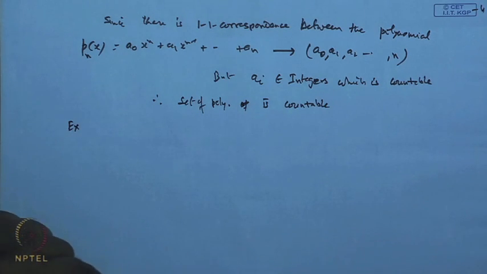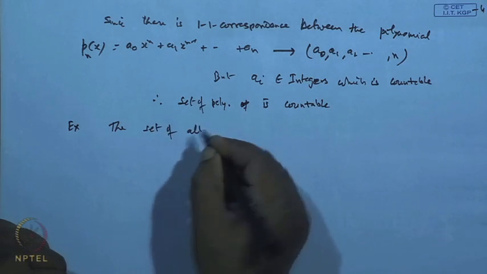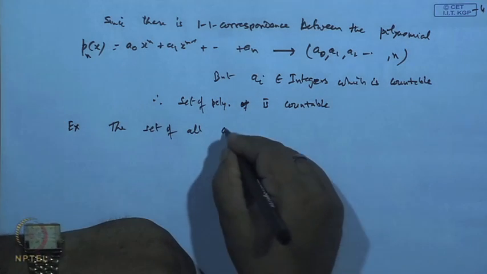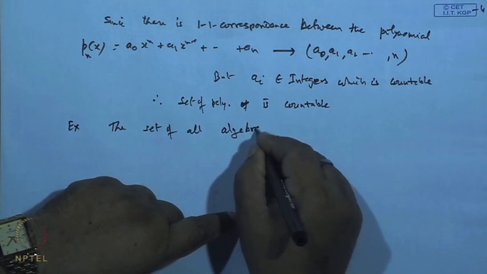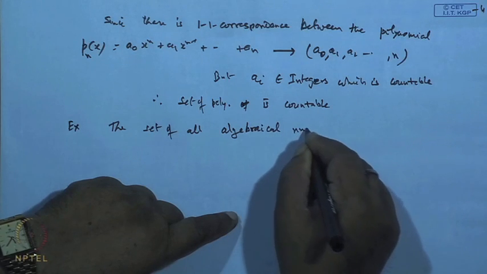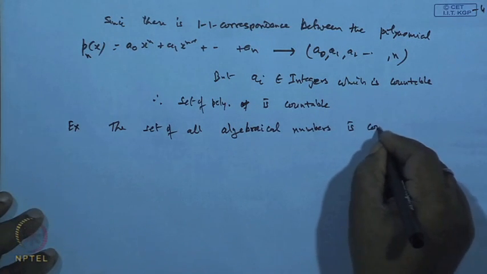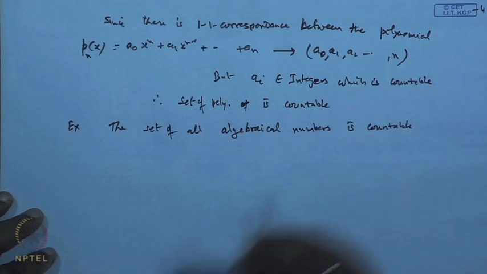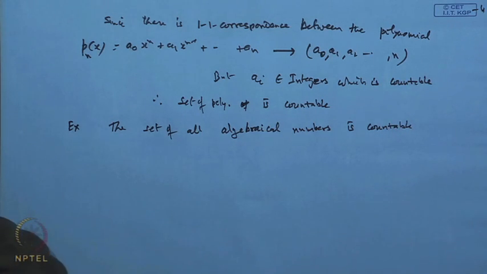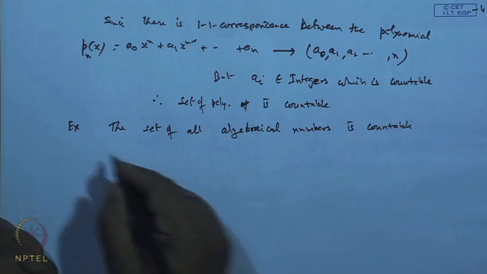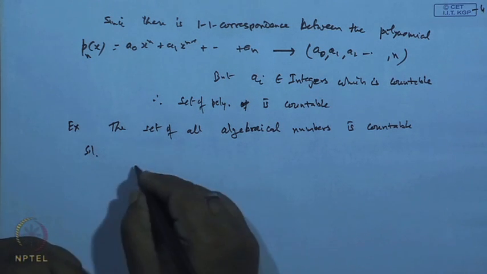The set of all algebraic numbers is countable. What is an algebraic number?